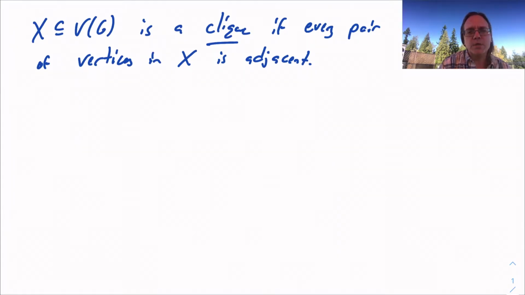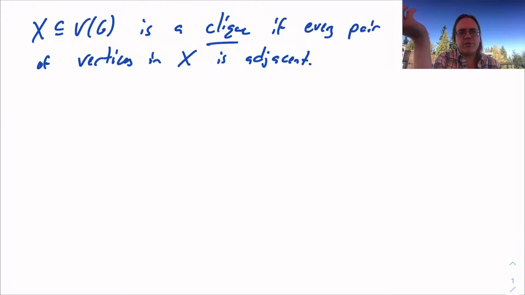Suppose I were to challenge you to make a graph, let's say on 100 vertices, and it's got to be a simple graph, so I'm not playing with loops and parallel edges. I want you to put as many edges as you can in this graph, but the restriction is you're not allowed to make a triangle. So you're not allowed to have a K3 subgraph, or in our new language, a clique of size 3.